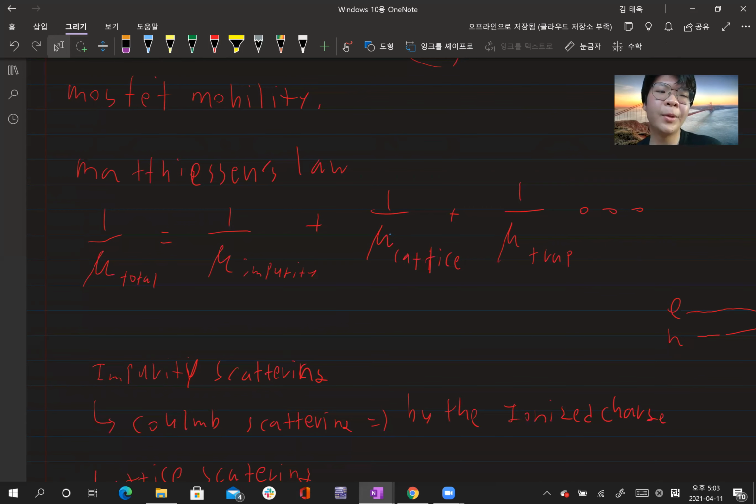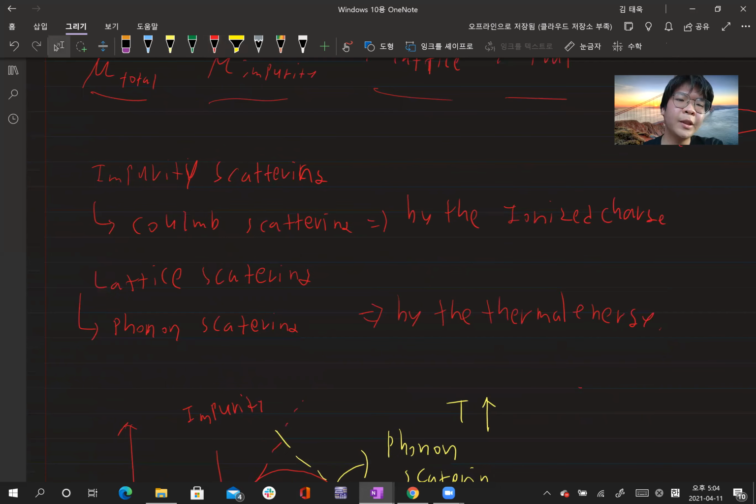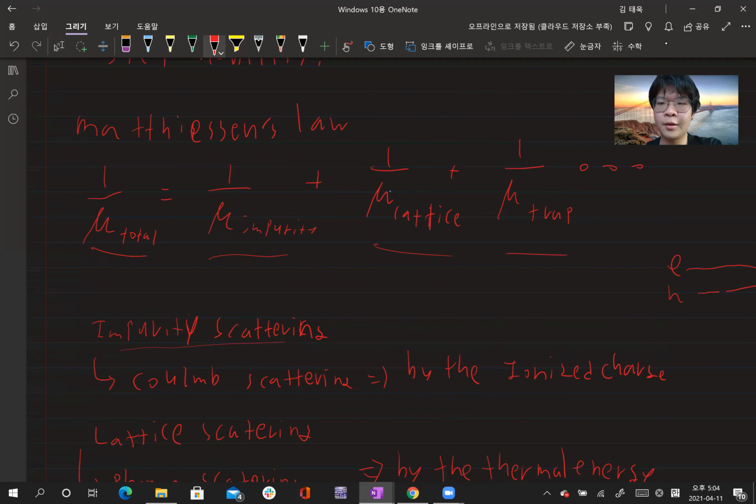As Matthiessen's law says, the electron mobility in total would be a summation of these effects. First of all, impurity scattering, caused by ionized, fixed charge in the silicon lattice, which is also called Coulomb scattering.